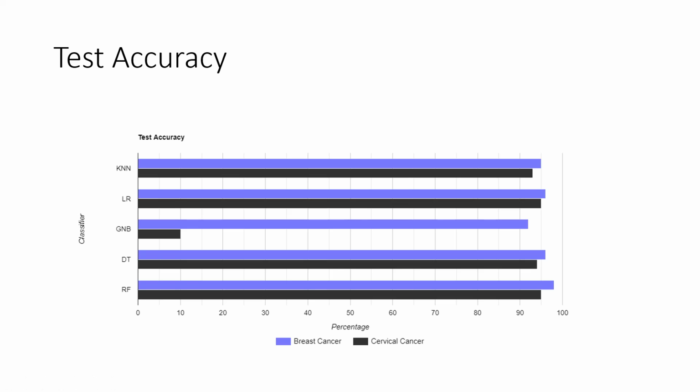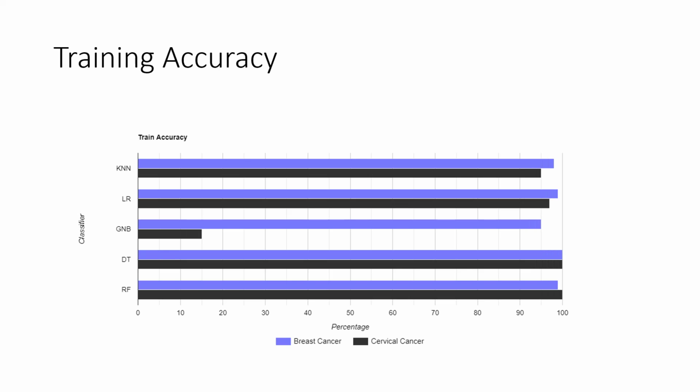For test accuracy on both cervical and breast cancer, random forest and logistic regression have done really well, and decision tree comes a distant second. Even here, random forest, logistic regression, and decision trees have worked really well.